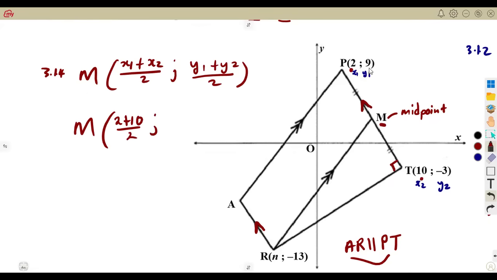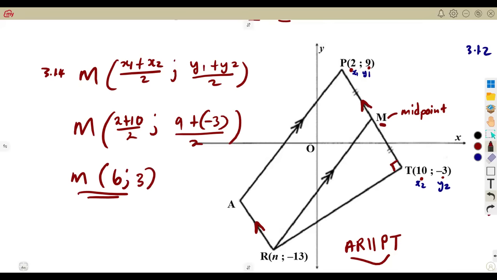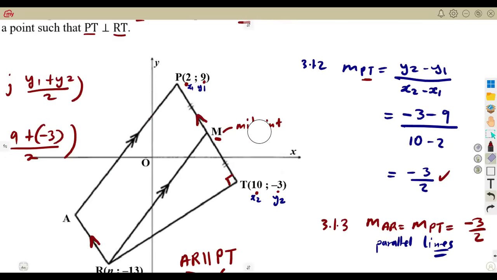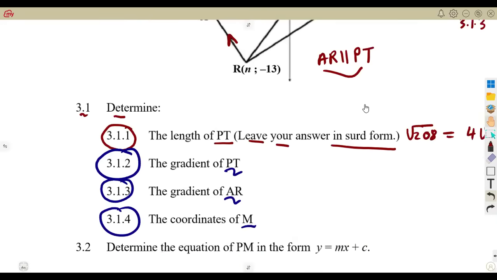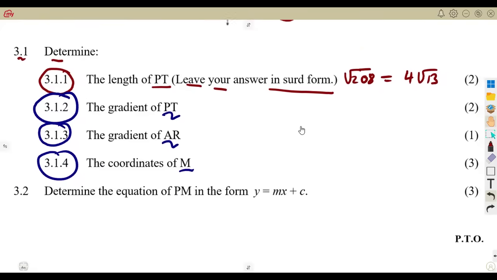The Y values, 9 and minus 3, so that's 9 plus minus 3 over 2. That gives us 12 over 2, which is 6, and 6 over 2, which is 3. So we have the coordinates of M, the midpoint, as we are being told before. That gives us 6, 3. All right. So as you can see, guys, if you have a proper revision, these questions are just direct and straightforward.